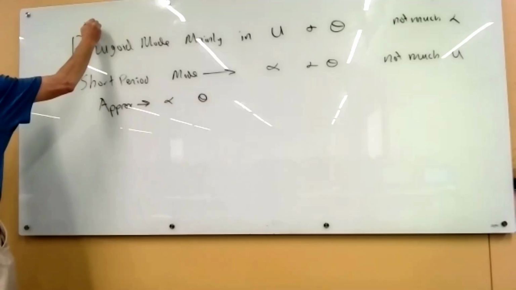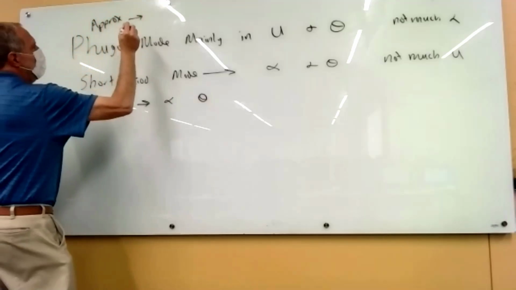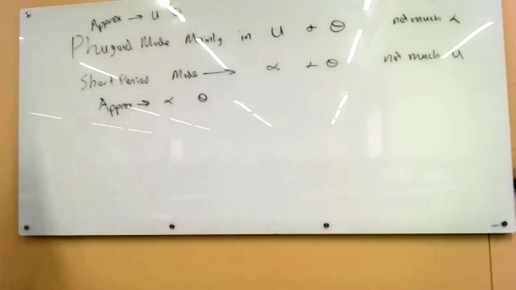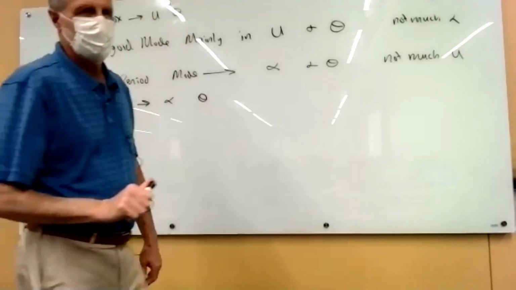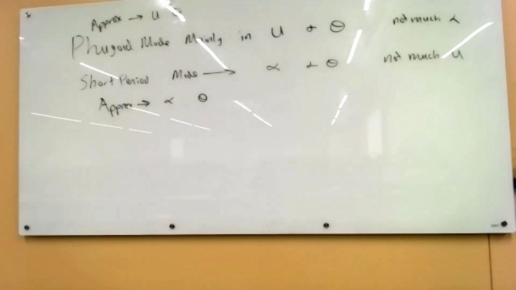And then we'll do a Phugoid approximation where we simply look at u and theta. So I'm going to pop up the matrix problem, the 3x3 that gave us those complicated transfer functions, and see how we can use that information to our advantage.